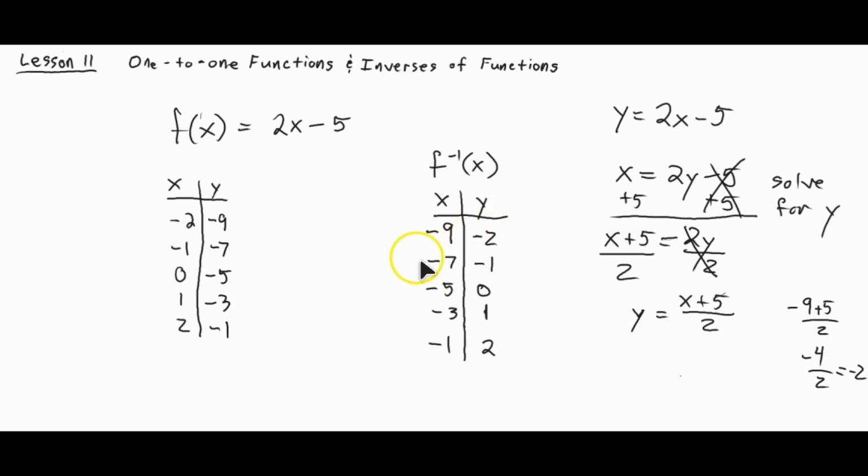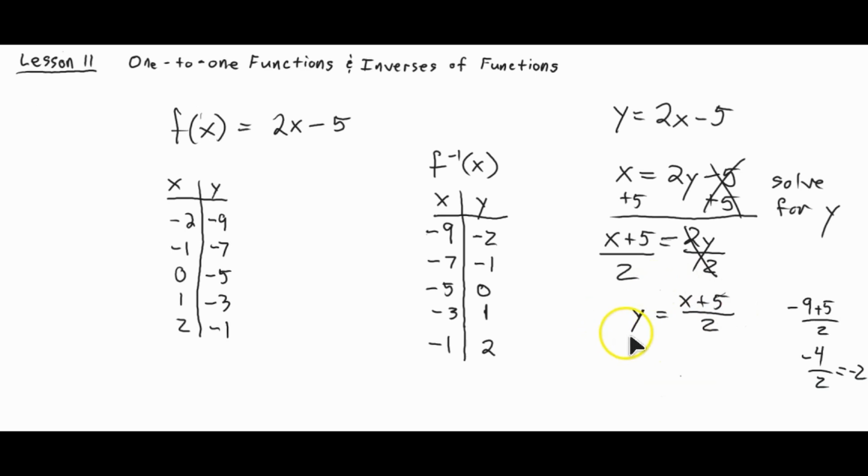If I put negative 7 in, negative 7 plus 5 is negative 2, divided by 2 is negative 1. Negative 5 plus 5 is 0, divided by 2 is 0. Negative 3 plus 5 is 2, divided by 2 is 1. And negative 1 plus 5 is 4, divided by 2 is 2.